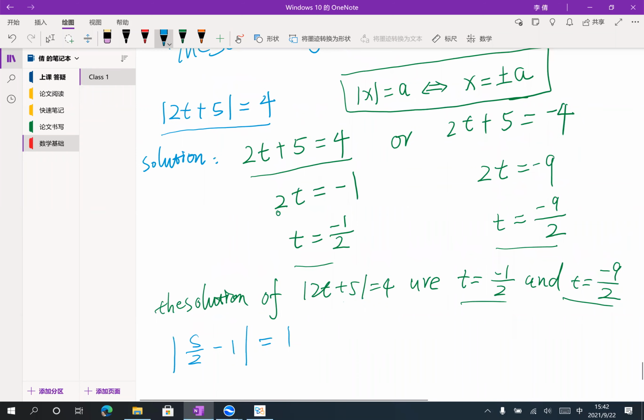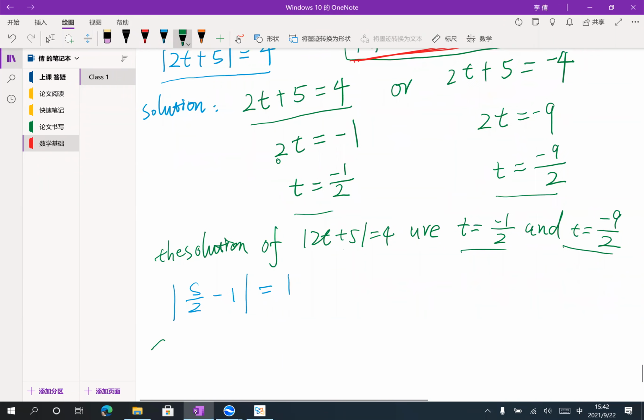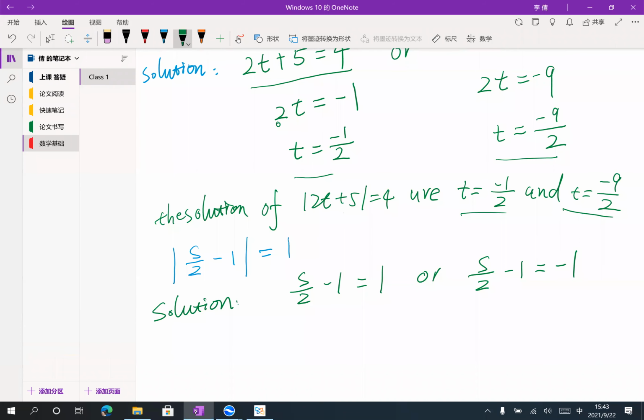Okay, we also use this property, and from this property we can get s over 2 minus 1 is equal to 1, or s over 2 minus 1 is equal to minus 1, right? We can get these two equations.